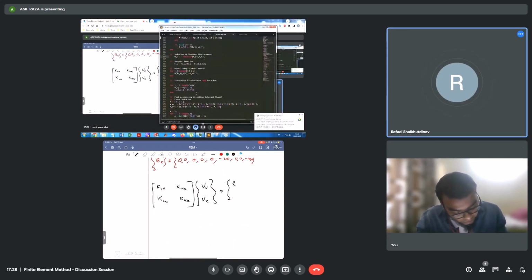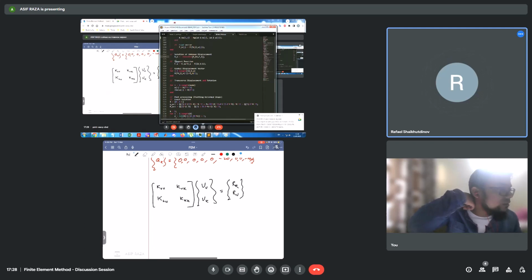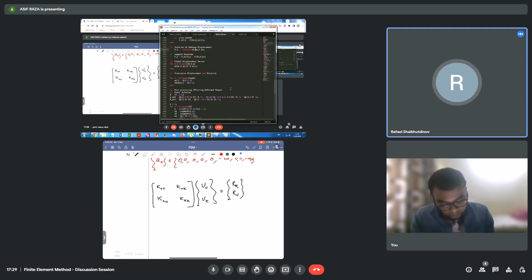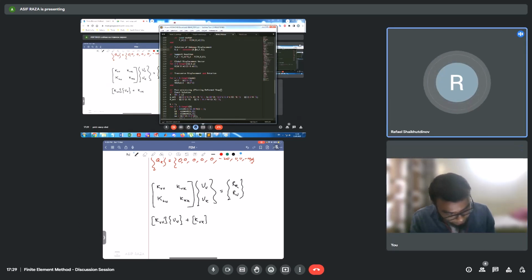It's difficult to see where we need to go. I hope after this you guys won't have any problem because I went line by line. So just saying UU plus KUK. But as you can see, there are some mistakes.